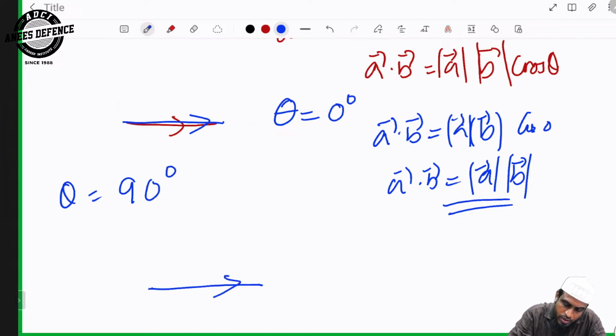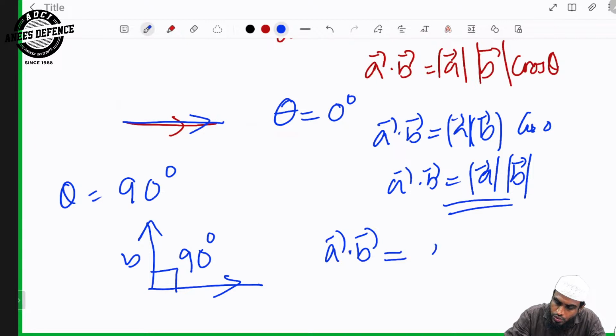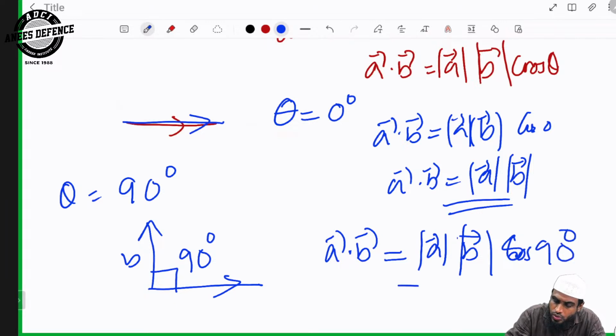This is vector A and the other vector is B. So the angle between the two vectors is 90 degree. Therefore, A dot B equal to mod A mod B cos 90 degree, cos 90 is 0, therefore 0.